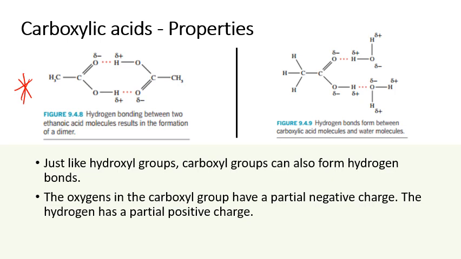But the oxygens in the carboxyl group have partial negative charges. The hydrogen has a partial positive charge, and that's shown by the delta negatives and the delta positives in the molecule.